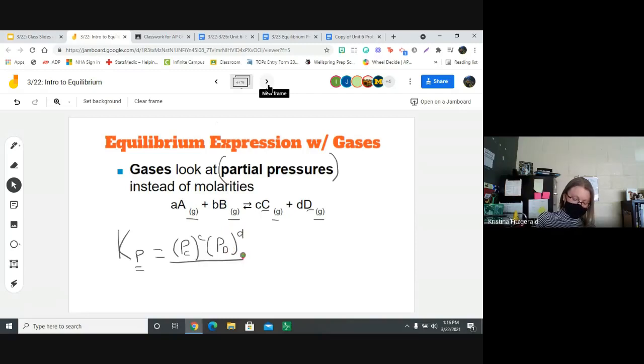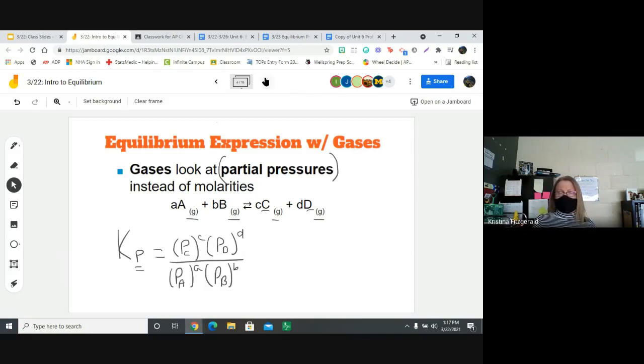Then the partial pressure of gas A times the partial pressure of gas B. So if it's asking for a Kp value instead, know that you're plugging in pressures here, and the expression would change to parentheses instead of brackets. We don't have one that's asking for that just yet, but that is technically a thing. So just keep that in mind.